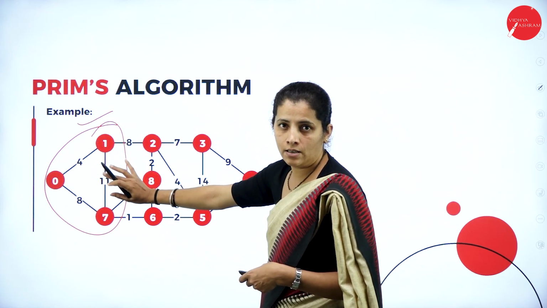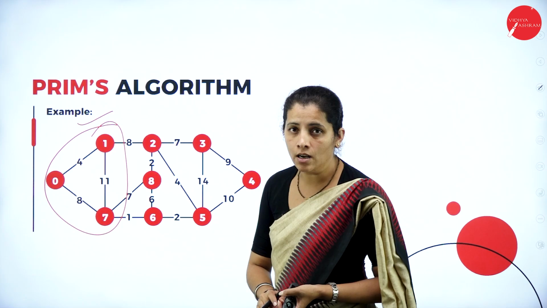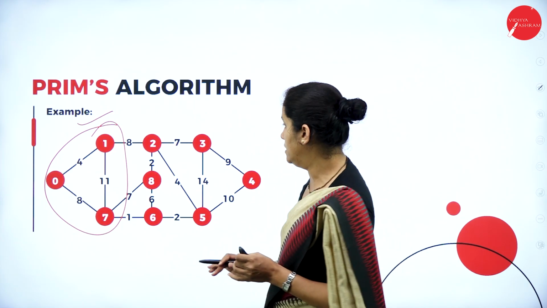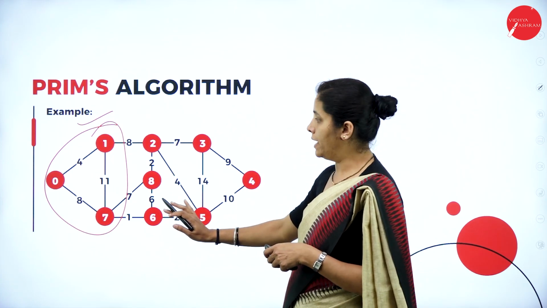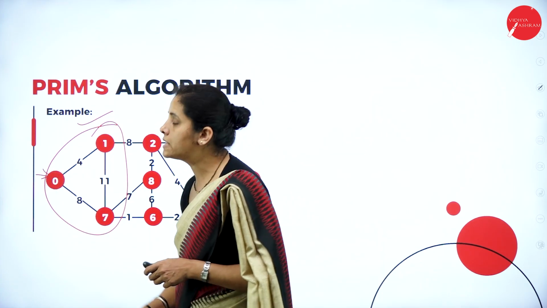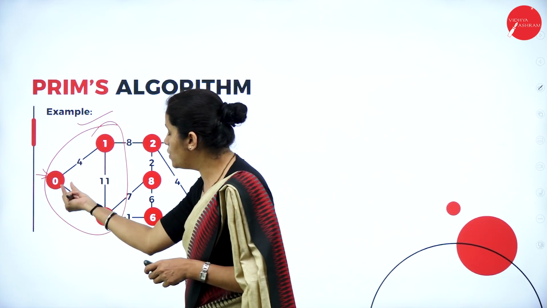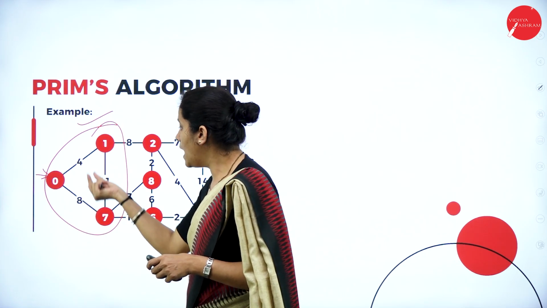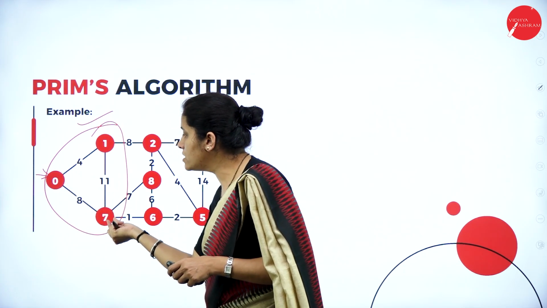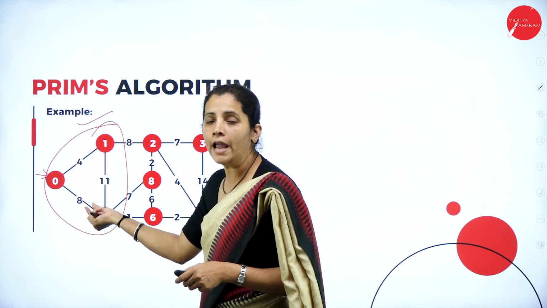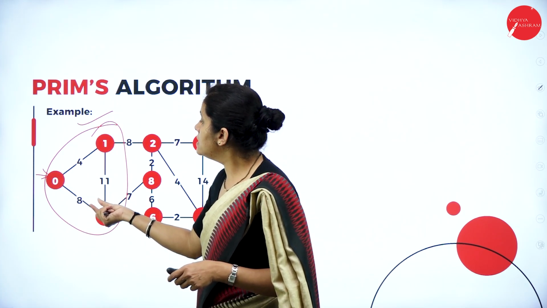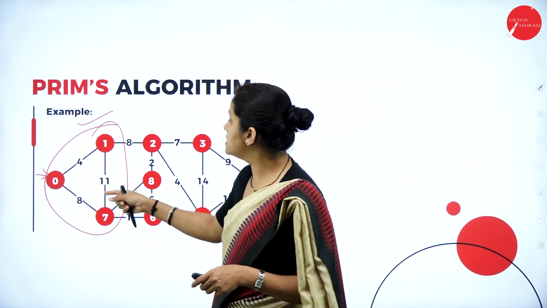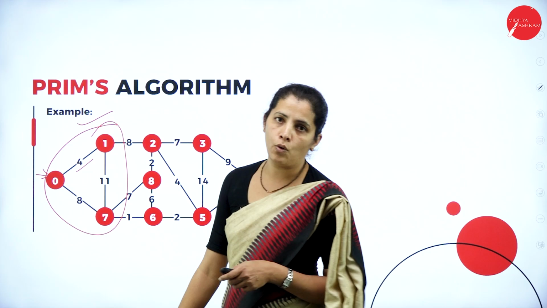A tree can have a cycle, but my spanning tree cannot have a cycle. If I consider 0 as my starting point, from 0 to reach 1, what's the weight? It is 4. And from 0, if I want to reach 7, what is the weight? It is 8. Now, which is the smallest one? 4. I'm going to consider the weight 4.